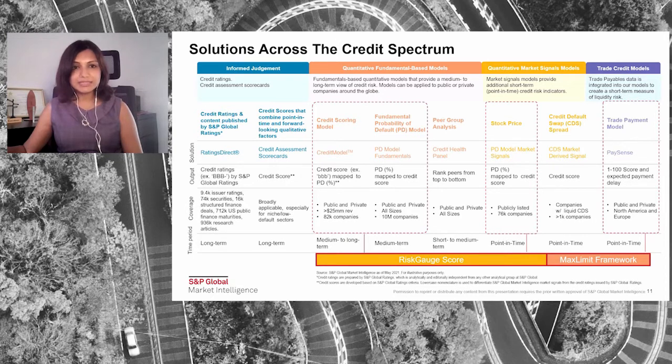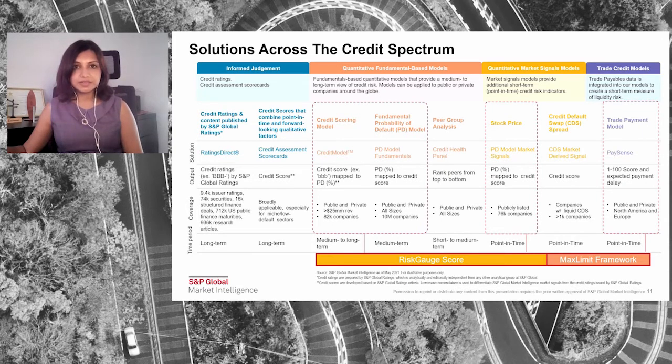Additionally, it has been built out with sophisticated workflow tools that will help you quickly and easily measure the credit risk of rated, unrated, public, and private companies across the loan book. We have different models, so we're going to go into each of these models briefly before I go into the solutions themselves.